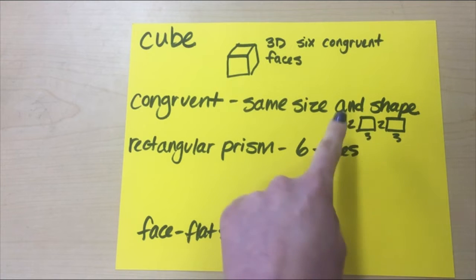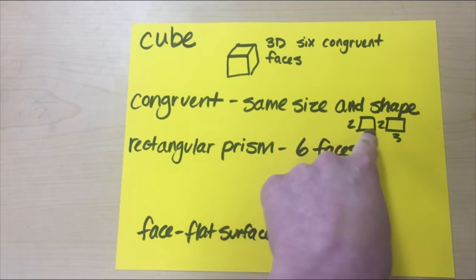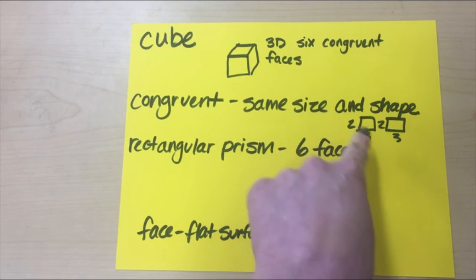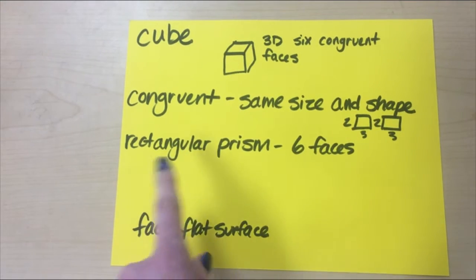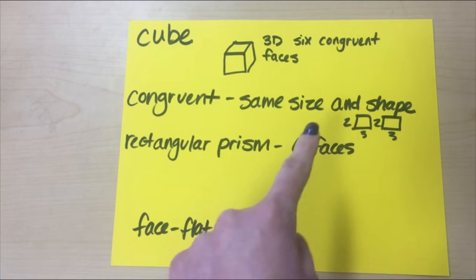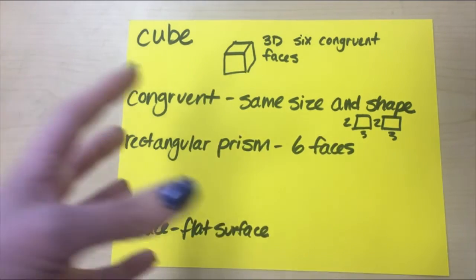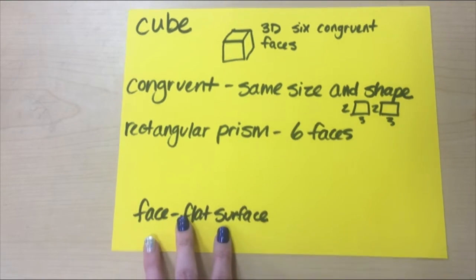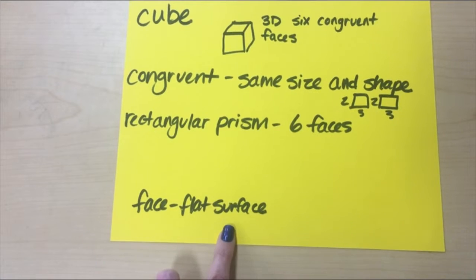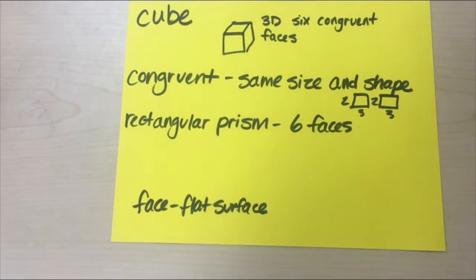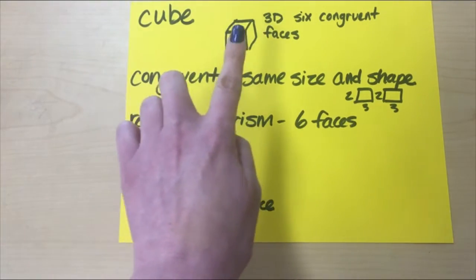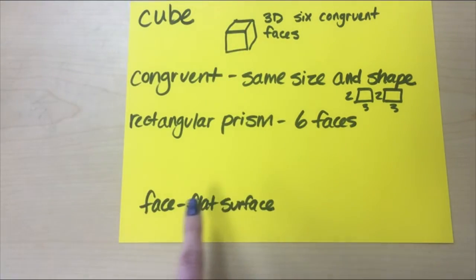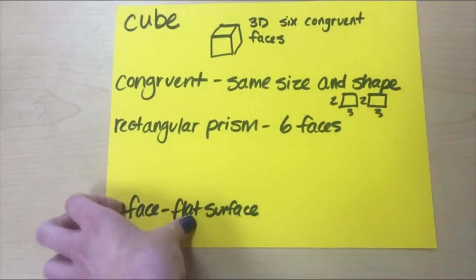If we look at these two shapes right here, they're both the same size because it's 2 by 3, 2 by 3, and it's the same shape. A rectangular prism has 6 faces, and some of the sides can be rectangles. A face is a flat surface. When we hear face, we think about our face, right? But a flat surface, like this right here, or this right here, those are all faces.